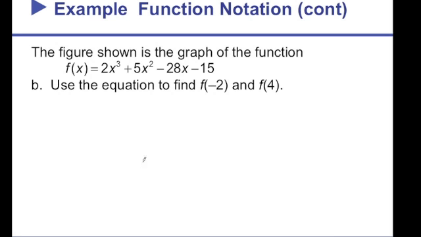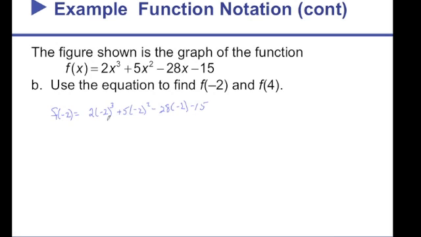And now we want to use the equation to find it. So using the equation, f of negative 2, we would put 2 times negative 2 cubed plus 5 times negative 2 squared minus 28 times negative 2 minus 15.